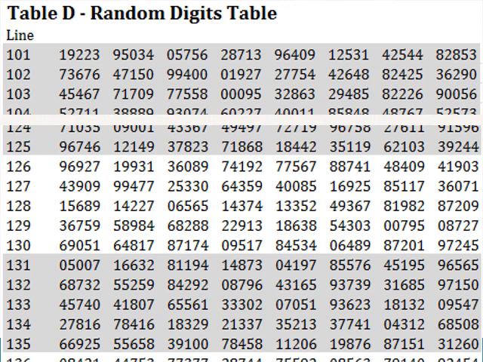So we think of it as one continuous stream of numbers. So looking at row 101, for example, it's 1 9 2 2 3 9 5 0 3 4 0 5. We just use the numbers as they are, and if we go to the end of the row and we need more numbers, we just continue right on. So at the end of row 101, we have 8 2 8 5 3 7 3 6 7 6. We just continue on with the next row should we need more numbers.